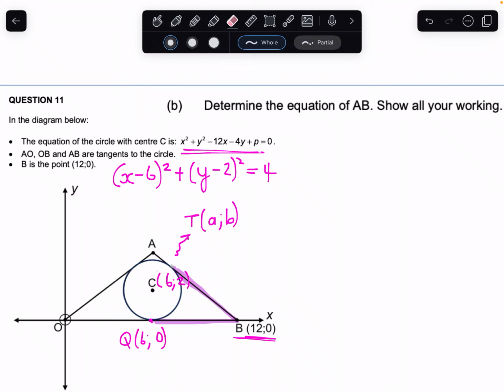So I mean, the diagram suggests that A is right above the center of the circle. But do I have any grounds to believe that? Well, let's see.